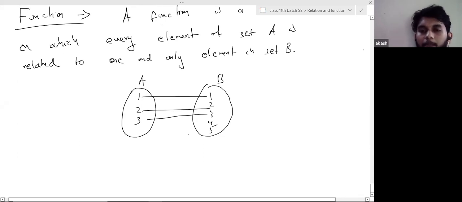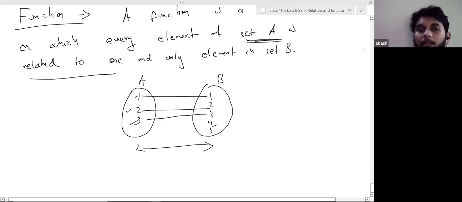That means a function must be a relation. So this is a relation, so the first condition is complete. Now, second condition, every element of set A. That means each element of set A is related to something. We cannot leave any one element of A. All of them must be related, right? We cannot leave any element of A outside.